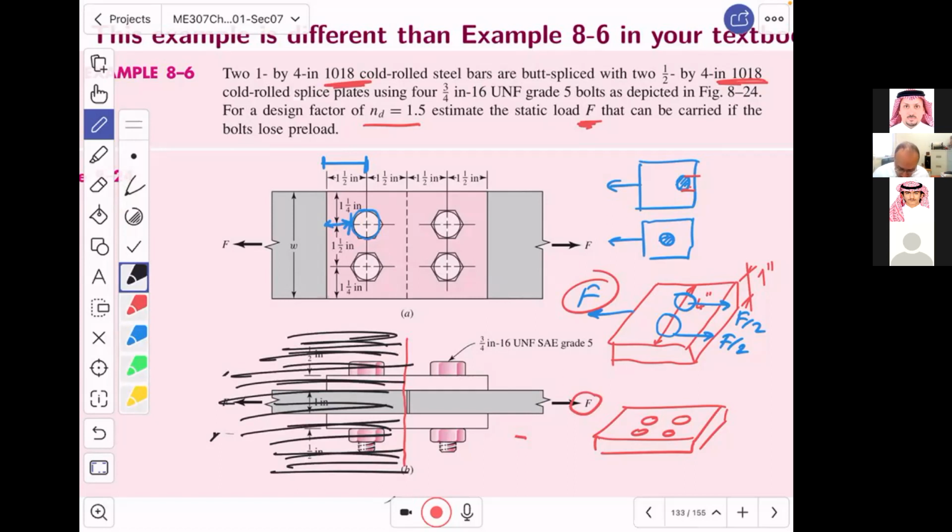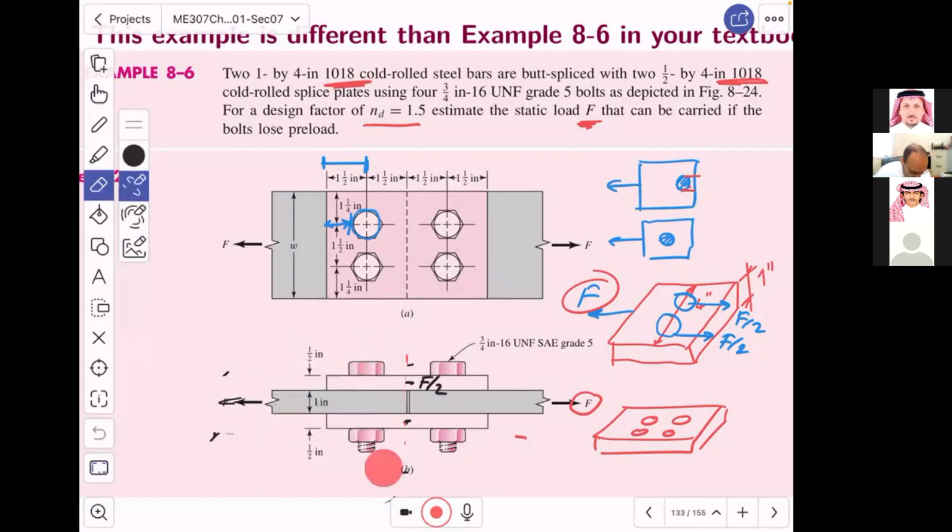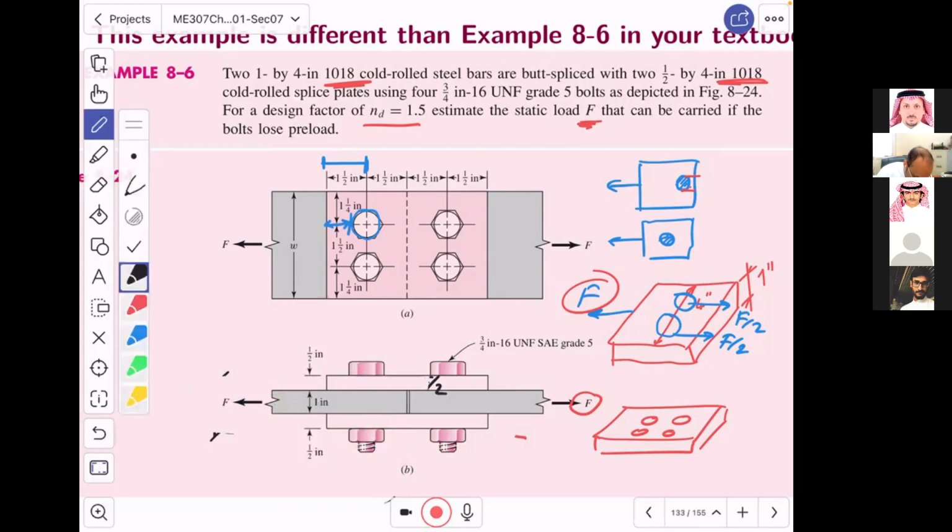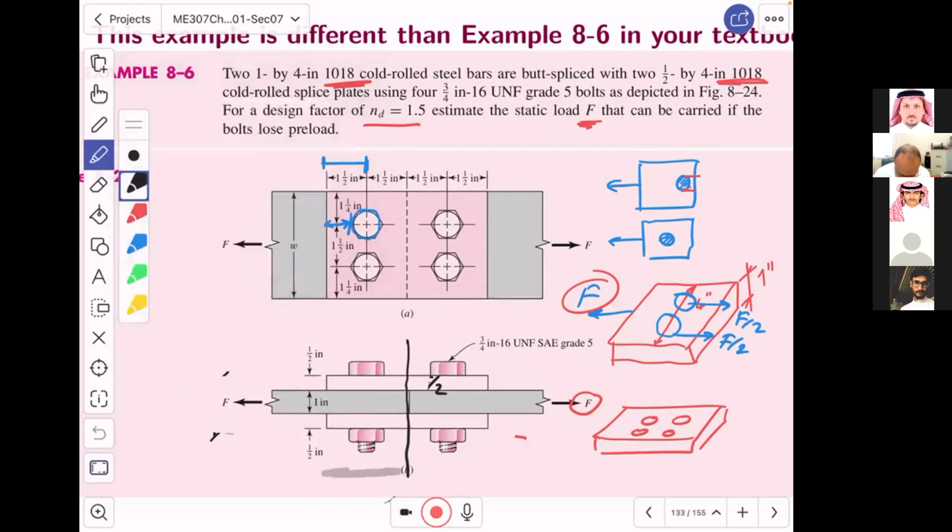You would see that this force is going to be transferred into F over 2 and F over 2. Is that right? Maybe it wasn't a good idea to put too much. Let me put it this way, and then let me make this one gray.